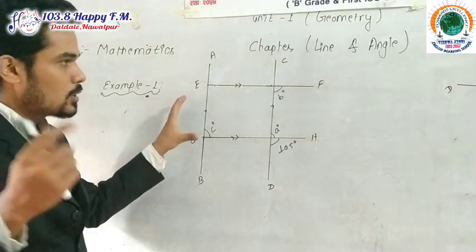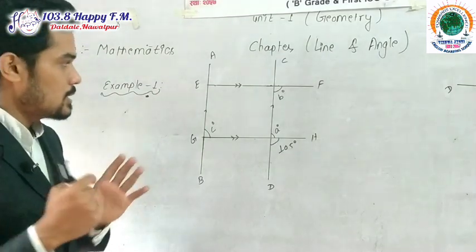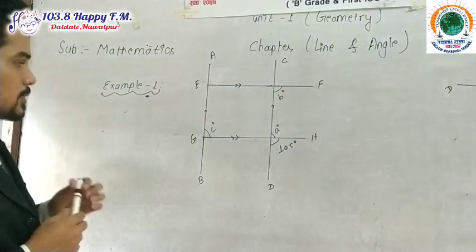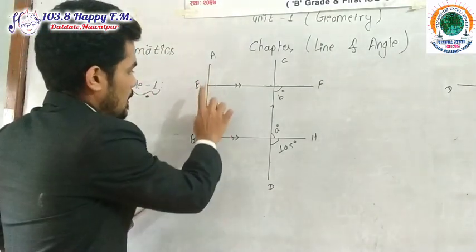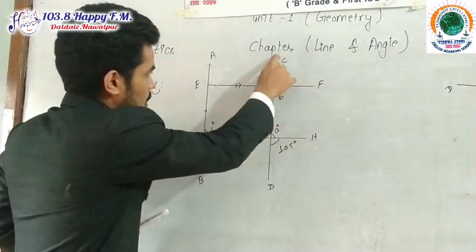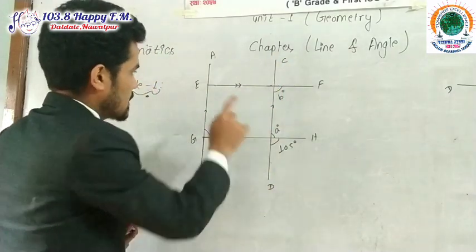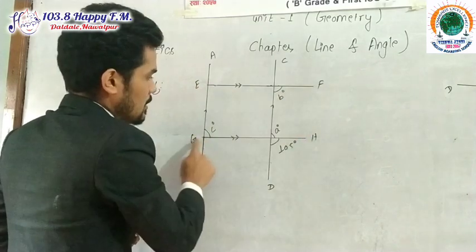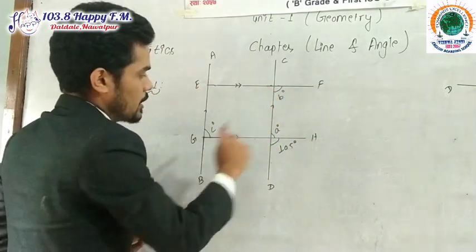I have told you about the concept of angles formed when parallel lines are intersected by a transversal. Here you can see line CD intersects the lines EF and GH, so different angles are formed here.